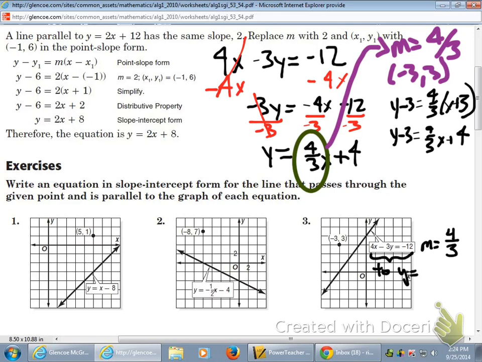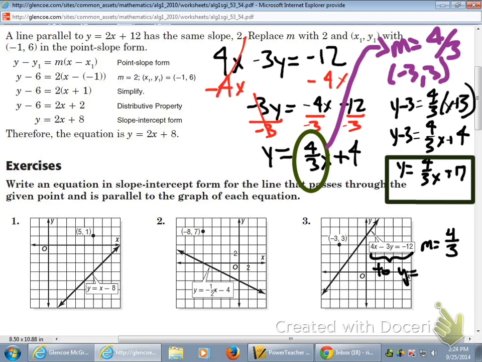A little bit sloppy. And then when you get rid of this minus 3, you add 3, you're going to get y equals 4/3 x. And I added 3 to both sides, so it's plus 7. Hopefully, this is my answer. I'm going to double check it.